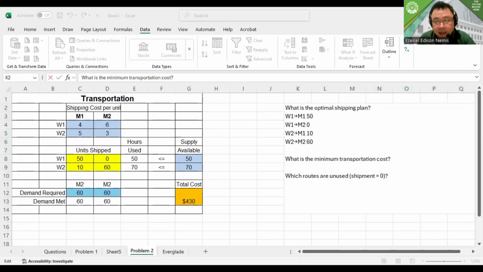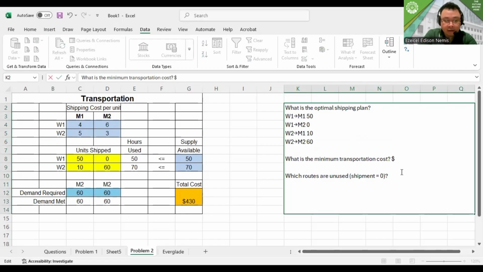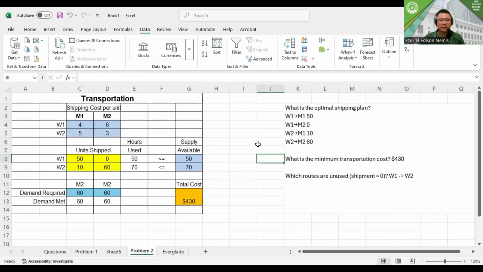And for the ship route, we have W1 to W2. So that's the best. Therefore, this is where we have the answer for Zip Work 2.